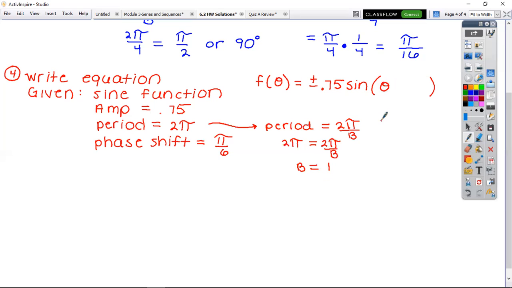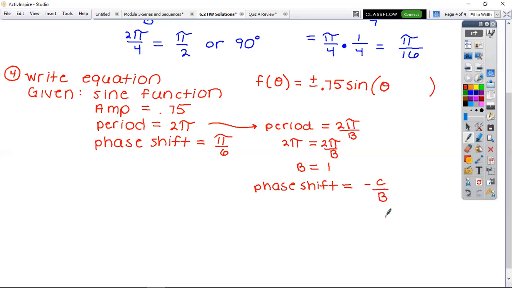Now I continue and I need to find the c value. I have the phase shift and I have the b. So phase shift is equal to negative c divided by b, and you should have at least 2 of those 3 items.